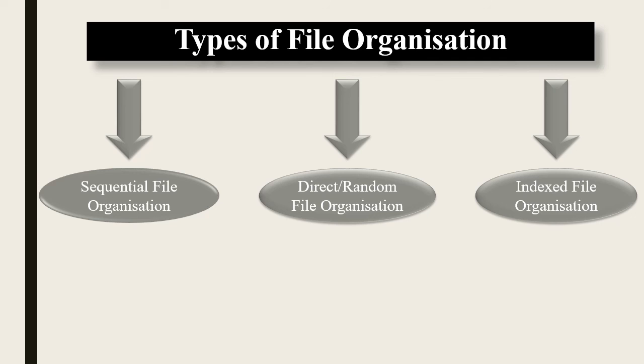When an index file is accessed randomly, the programmer controls the sequence in which the records are accessed by specifying the value of the data item called the record key. When new records are inserted in the data file, the sequence of the records needs to be preserved and the index is accordingly updated. So, indexed file organization, direct or random file organization and sequential file organization are the types of file organization.